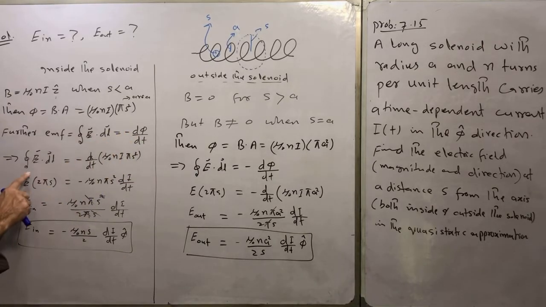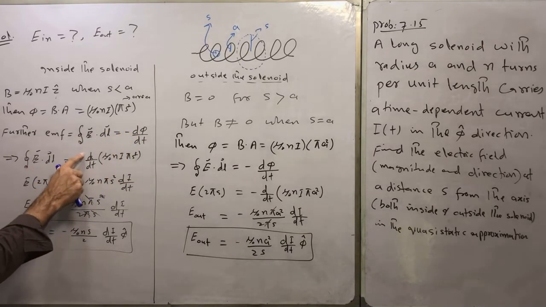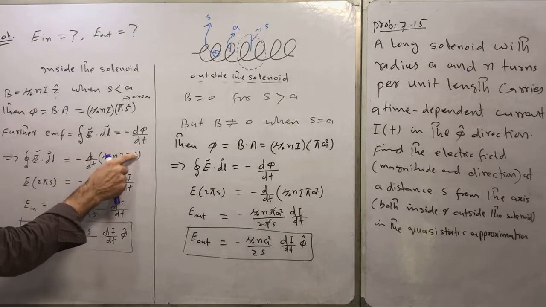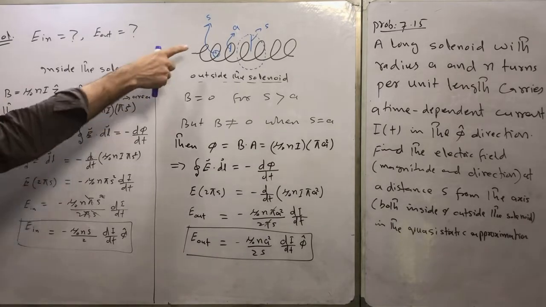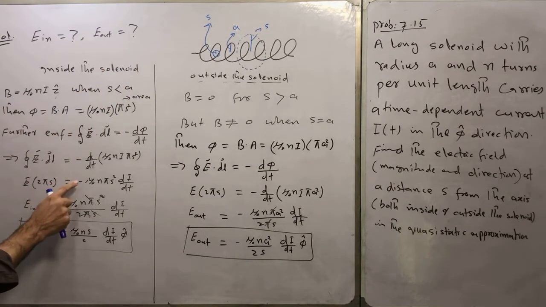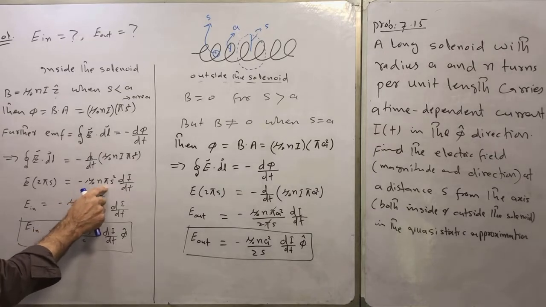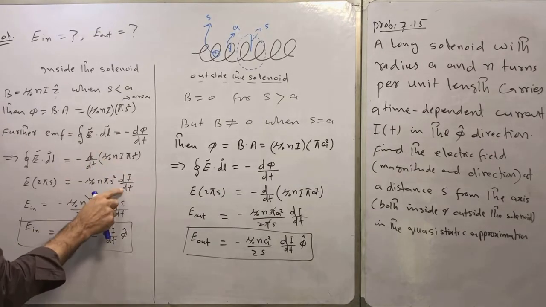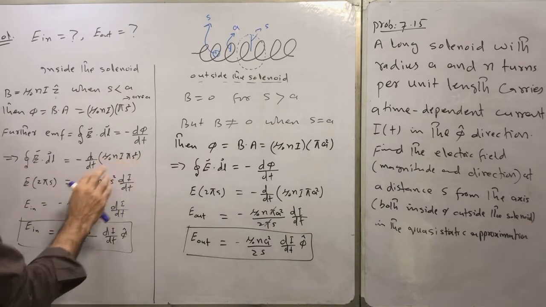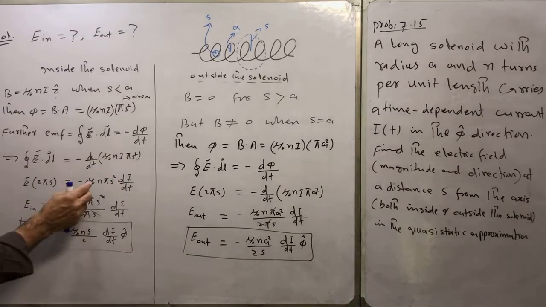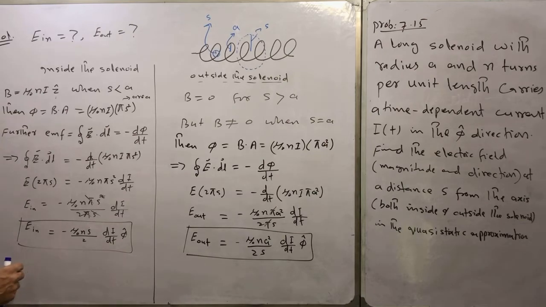E dot dl is equal to minus d by dt of the flux. The circumference of this circle is 2 pi s, so E times 2 pi s equals minus mu naught n pi s squared dI divided by dt. Because the current is changing and all the remaining things are constant, we keep dI by dt.